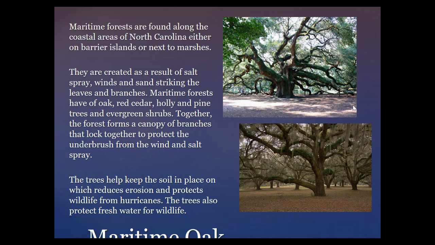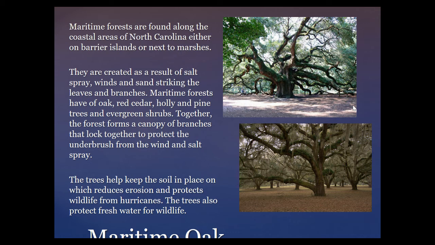And so these trees are really important because they help to keep the soil in place. So if it's really, really windy and there's lots of salt spray and lots of sand, erosion might happen. And we started talking about erosion right as we were getting out of school. But when we talk about erosion and weathering, we talk about how things are broken down and then how they're moved to other places.